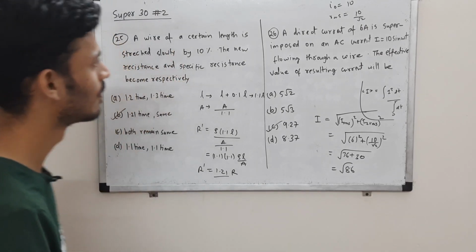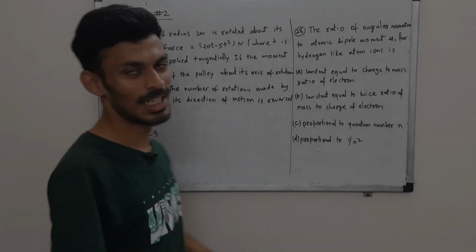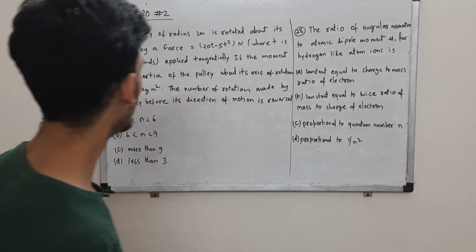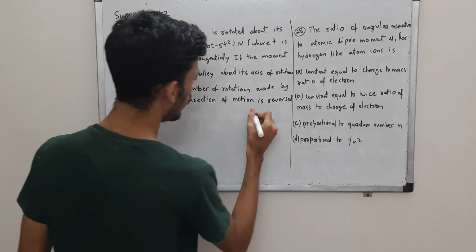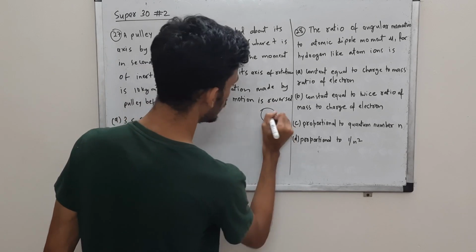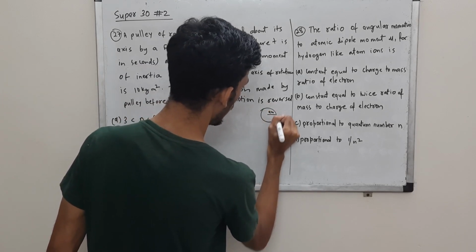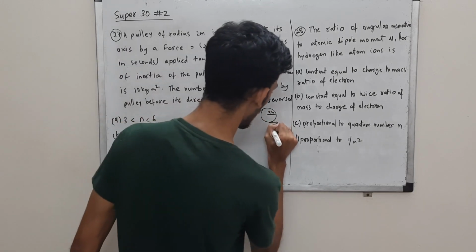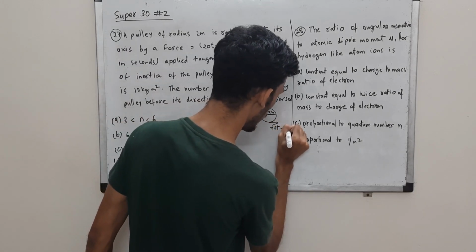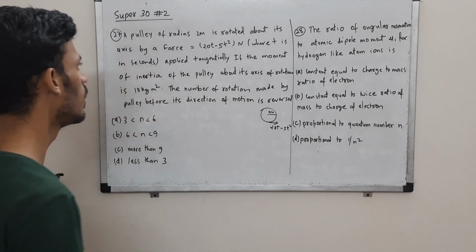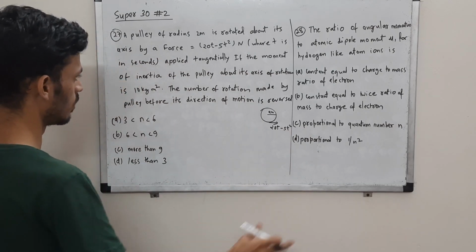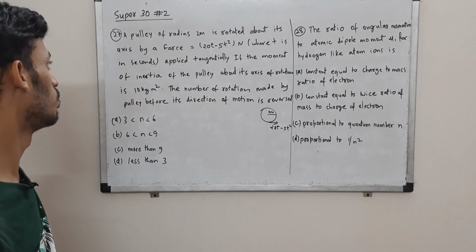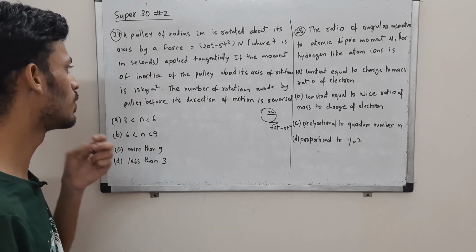Over to the next one. Question 27 and 28 over here. In question 27, we have a pulley of radius 2 meters, and we are applying a force tangentially to it. The force is dependent on time: 20t minus 5t square. The moment of inertia of this ring or pulley is given to be 10 kg per meter square.